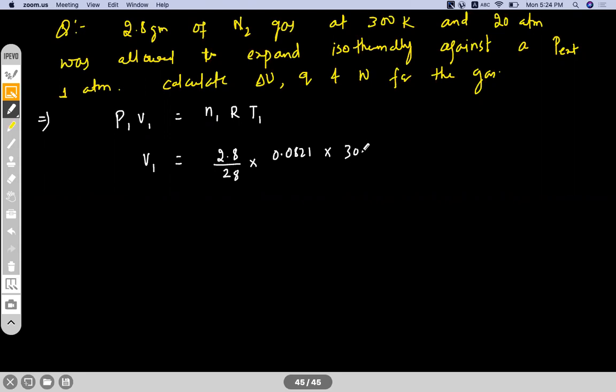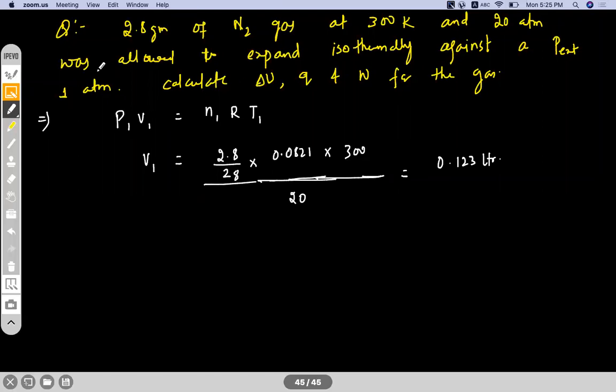Temperature is 300 Kelvin. And this entire thing is divided by the pressure, which is 20 atmospheric. Initially it is given. When you solve this, you'll get initial volume, and initial volume is 0.123 liter. You will get that approximately.